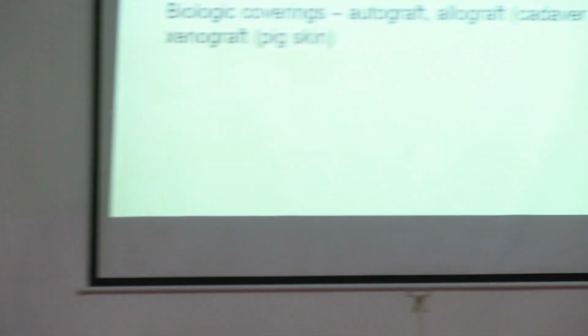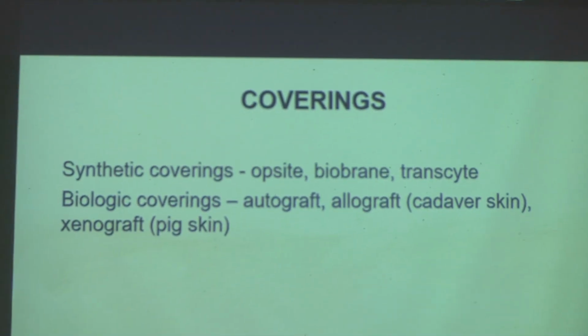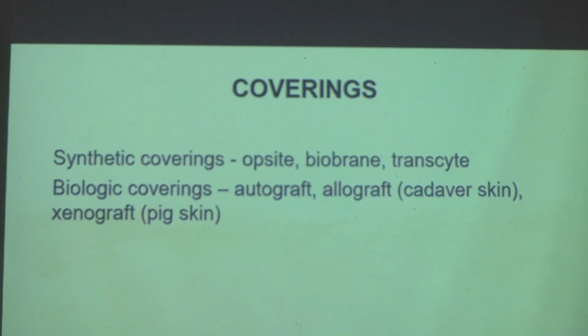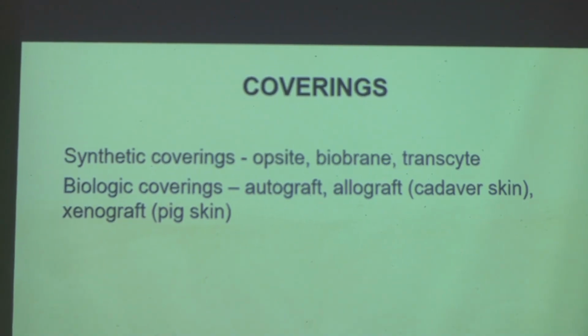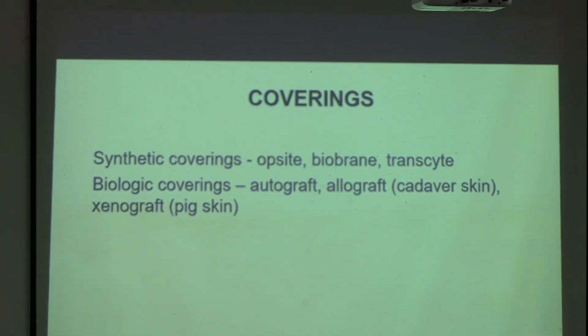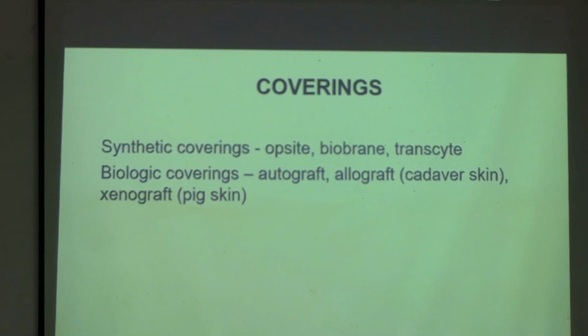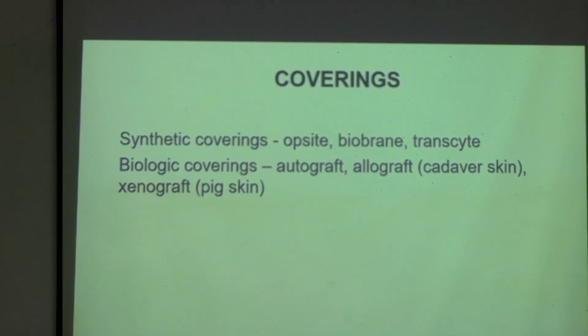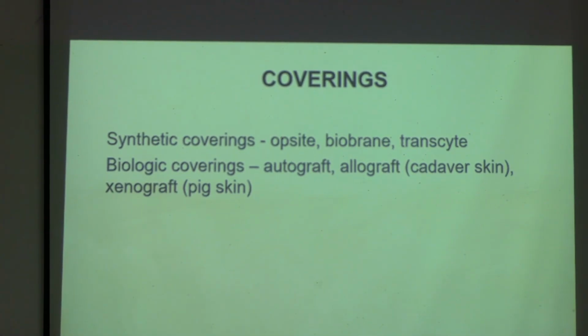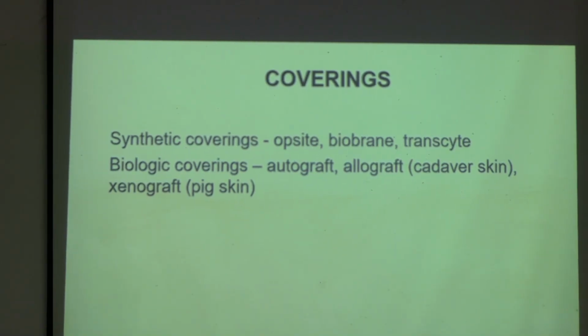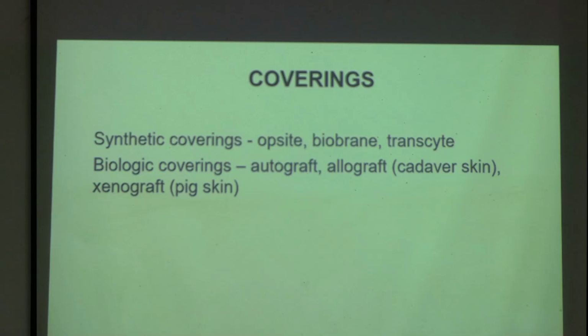So see, after a burn injury, you are doing dressing. Sometimes the burn is so big that you cannot simply close the wound and suture it. So in those cases, you have to put another layer of skin. That skin can be either biological or artificially made in factories.